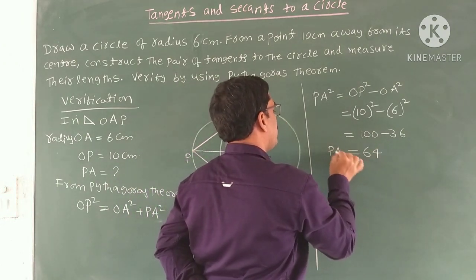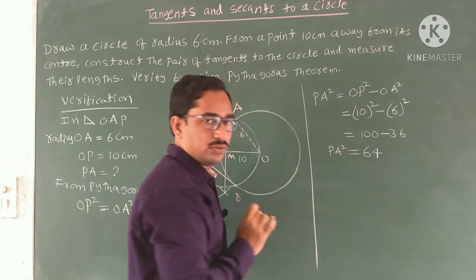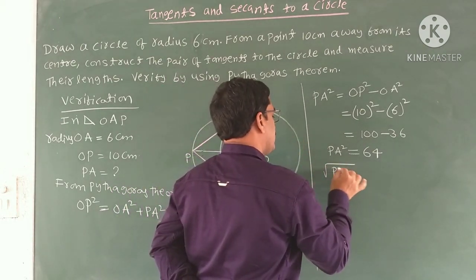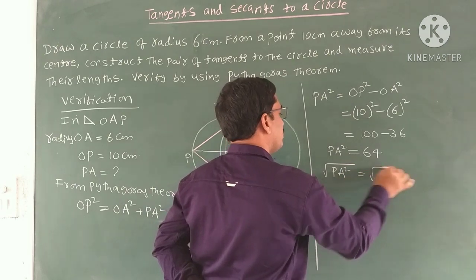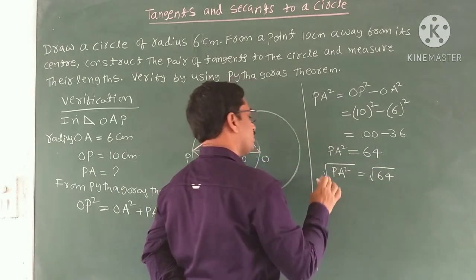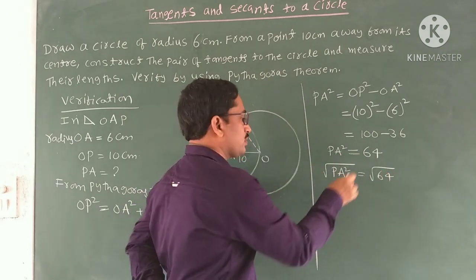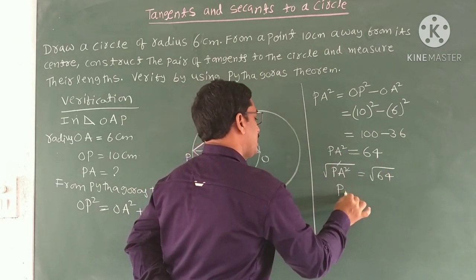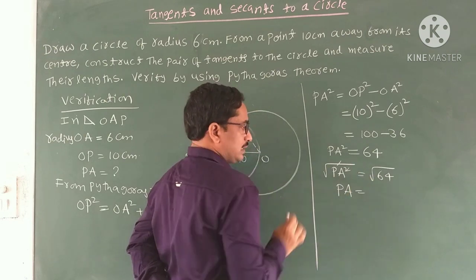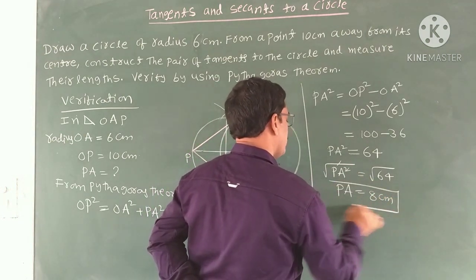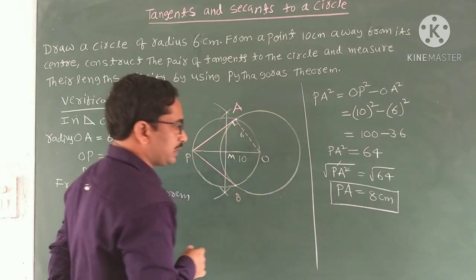PA square equal to 64. We need to find the value of PA. So apply square root on both sides. PA whole square equal to root 64, so square root cancels. PA equal to root 64, value 8, so 8 centimeters. So this is the verification by Pythagoras theorem.